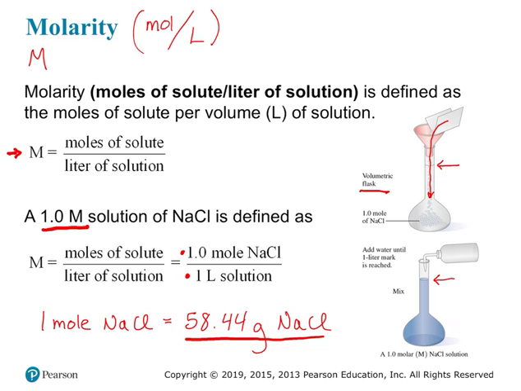We're just going to add enough water to get to that line. And then, of course, we mix and make sure everything is dissolved. And then that would give us a 1 molar sodium chloride solution. So if we had a chance to make solutions in lab, this is how we would do that. Of course, we're online, so we can't, but maybe you can use stuff in your kitchen to make solutions.